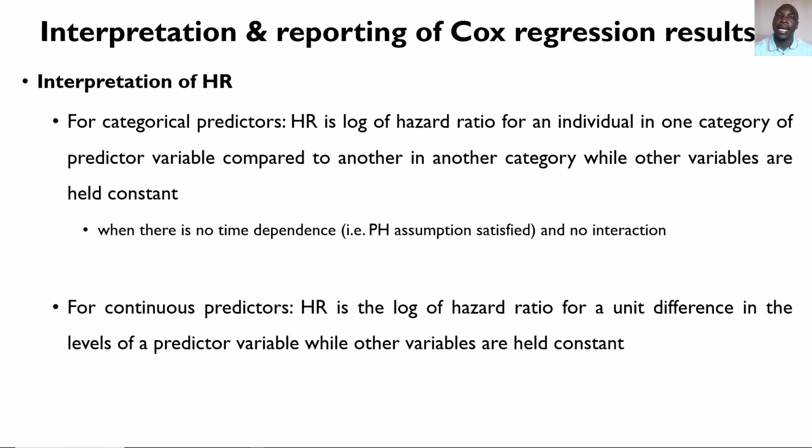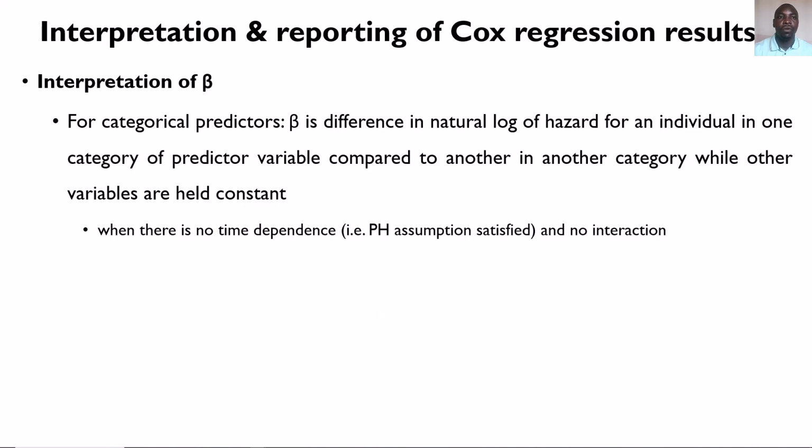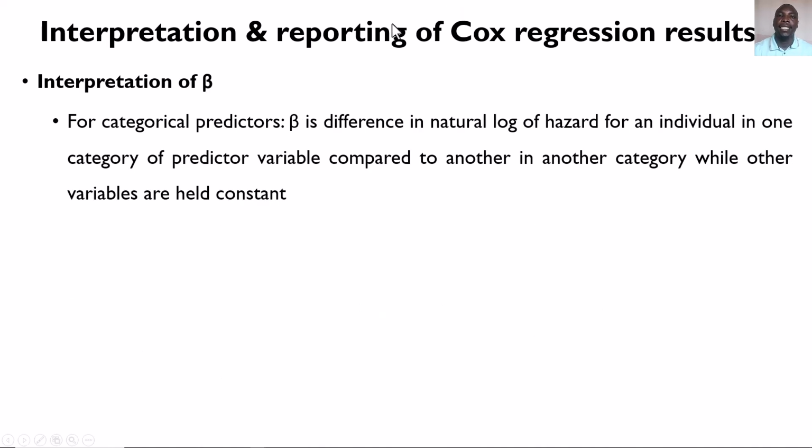Because mathematically, if betas are a difference in the natural log of a hazard, log A minus log B is the same as log of A over B, which is a hazard ratio. So the word difference automatically is dropped. So the rest of the interpretation remains the same, except that part of a difference.